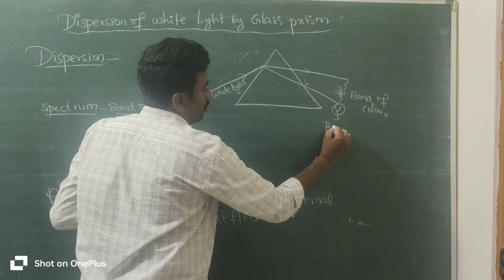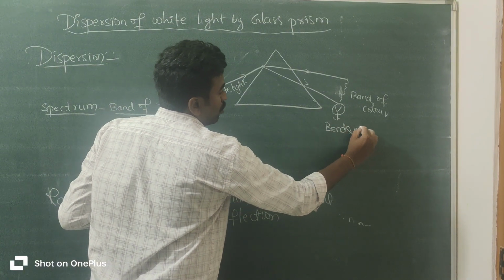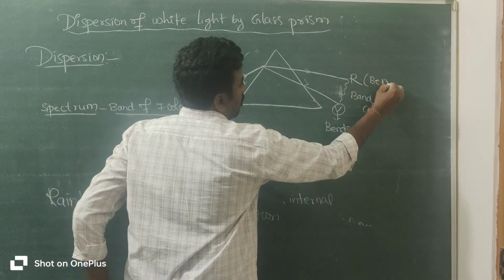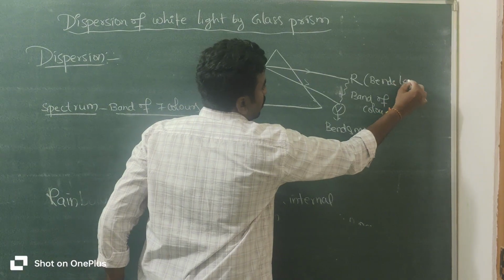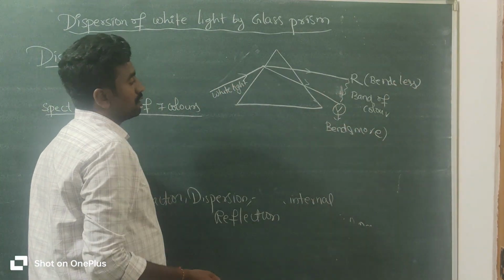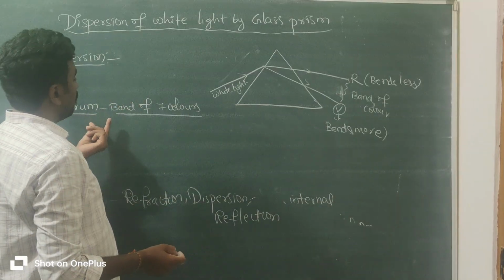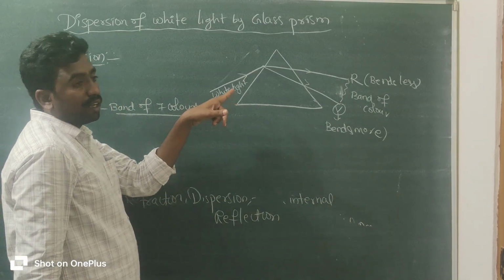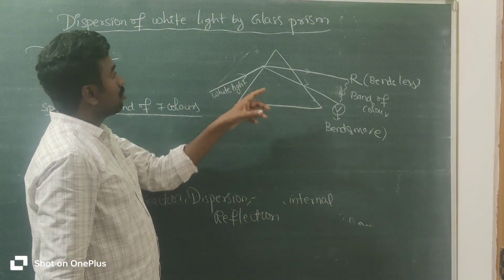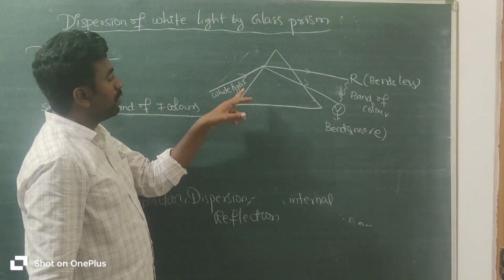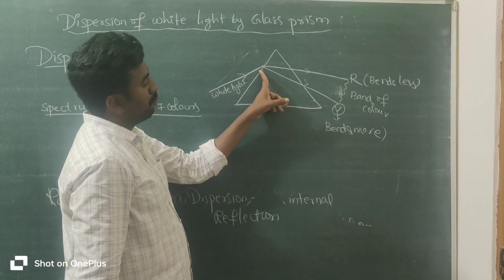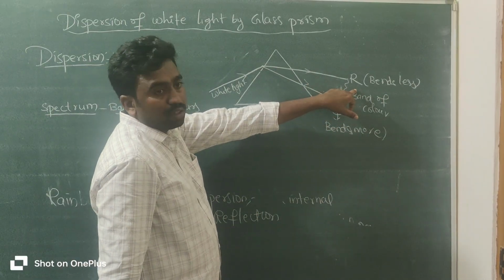Violet bends more, and red bends less. There are VIBGYOR 7 colors. These 7 colors are called the band spectrum of colors. The splitting of white light when it passes through a prism is called dispersion of light. When it bends most, it forms violet color. When it bends least, it forms red color.